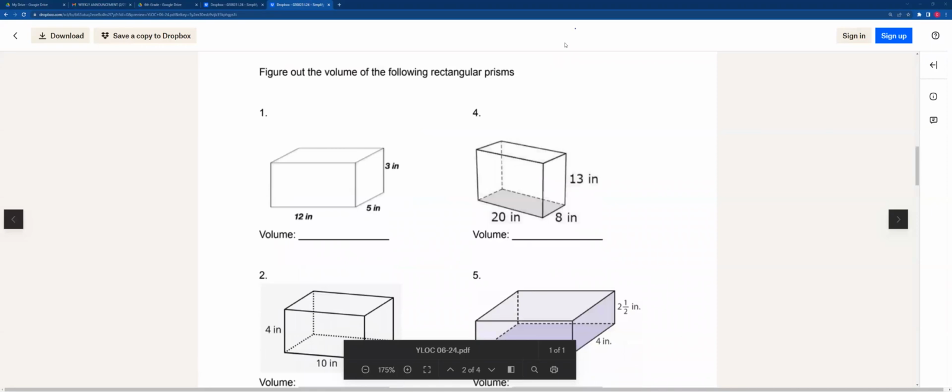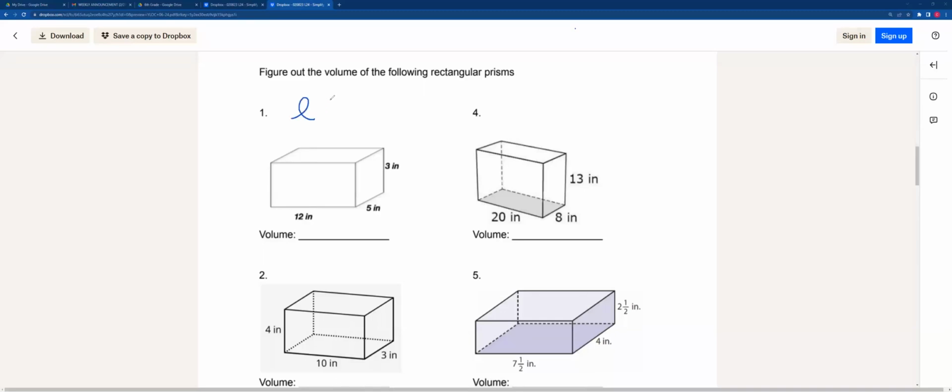And then for this one, it says figure out the volume of the following rectangular prisms. So in order to find the volume, it'll be length times width times height. So I'm just going to multiply all three of these numbers. So 12 times 5 is 60, times 3 is 180. So 180 inches cubed.